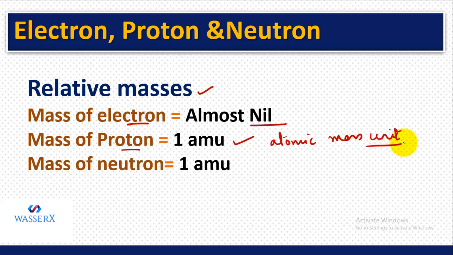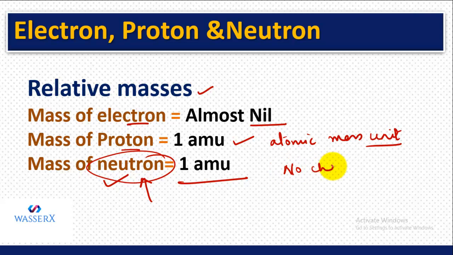And this is actually a unit like kg, gram, meter, which is used to specify the mass of these subatomic particles. And the mass of neutron is again 1 AMU. So you can see that neutron is neutral. It has no charge on it. But yes, it does possess mass, that is 1 AMU.